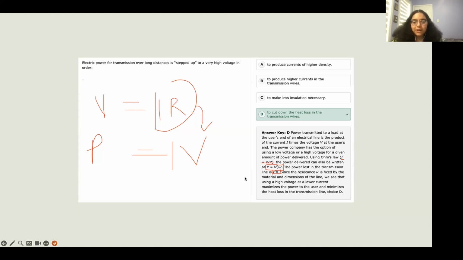So what they do is put a high voltage so that at a lower current, you're minimizing the heat loss. You put a really high voltage to lower the current so that that I squared R is very low. Hopefully that makes sense. And this actually is what they do for electrical lines and such. It's very high voltage, like the towers and stuff on the roads.